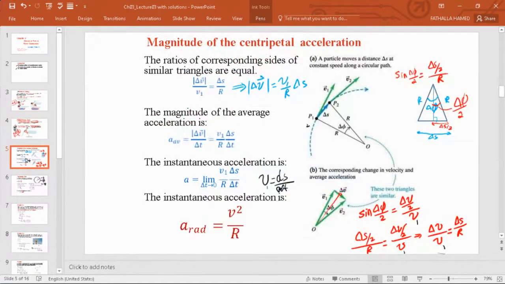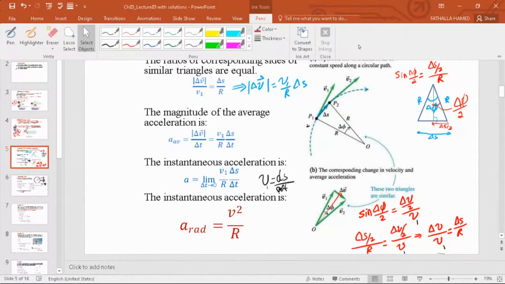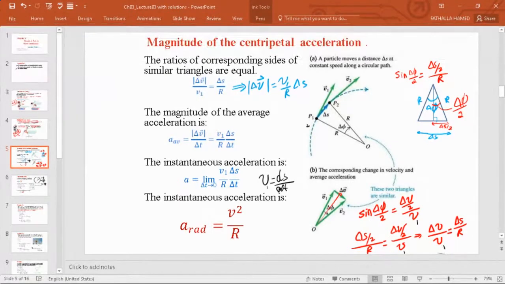So how can we calculate this centripetal acceleration? What is the magnitude of this centripetal acceleration? Now, we want to calculate an acceleration.